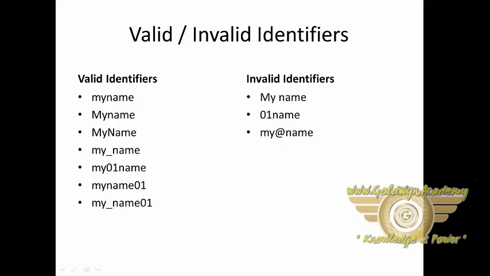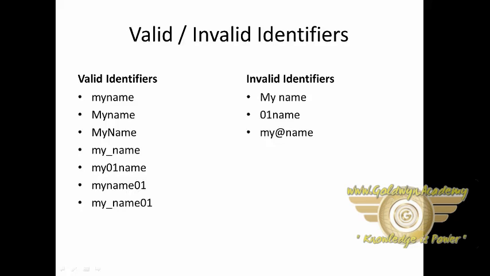Let's talk about some invalid ones. First, my space name. Here we have a space. Remember the first rule. Anything except alphanumeric and underscore should not be included. Here we have a space between my and name. The space is not an alphanumeric value nor the underscore. That means it is invalid.